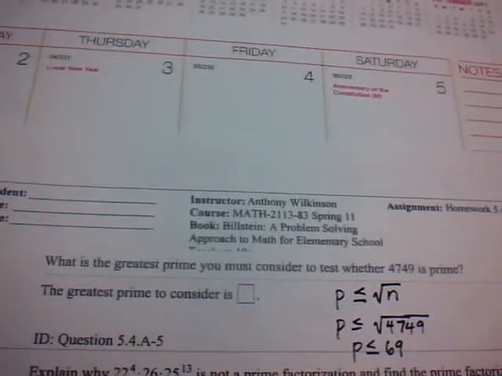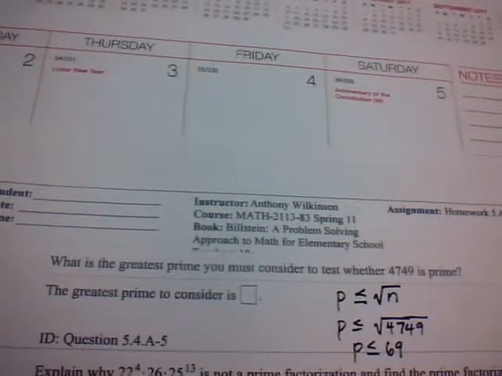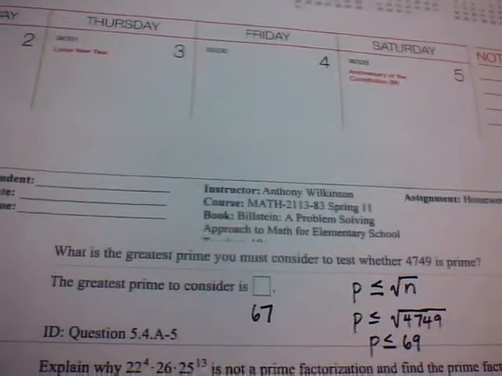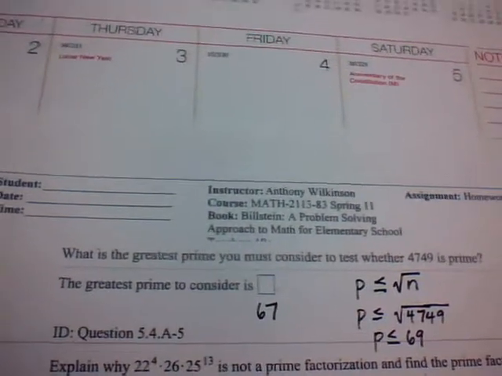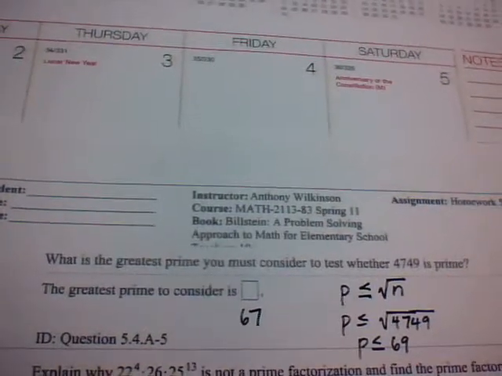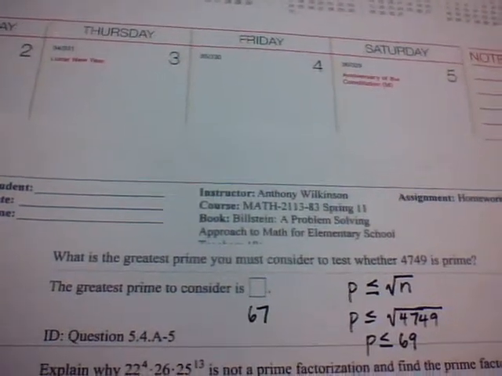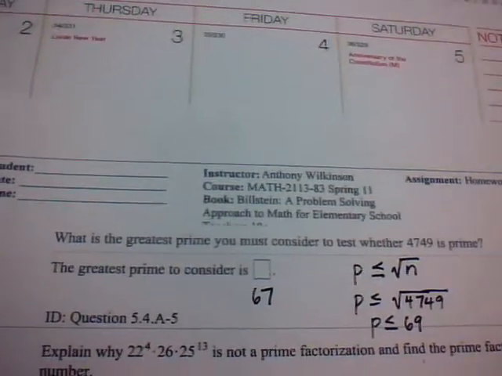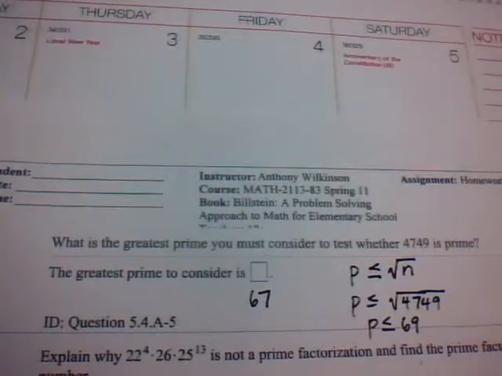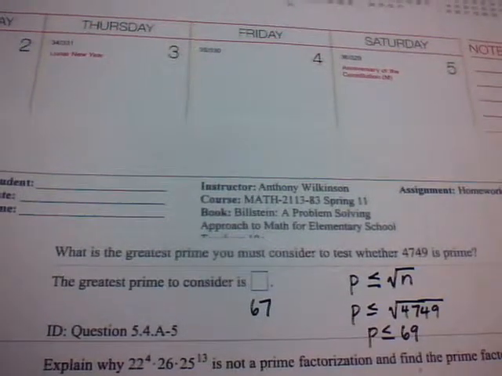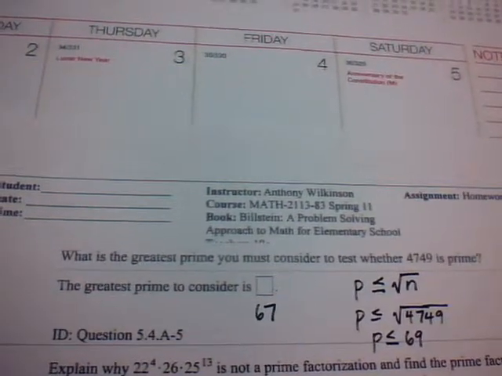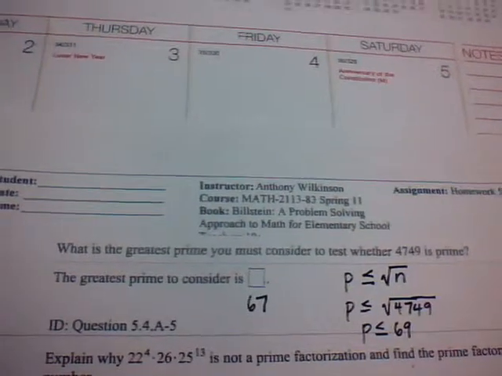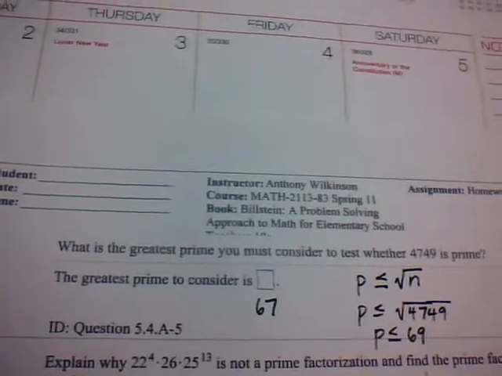The largest prime number that you have to consider that's less than 69 will have to be 67, because 67 is prime, and it's less than 69. So the greatest prime number that we can consider will have to be 67. It's just a matter of knowing what your prime numbers are. If you remember the Sieve of Eratosthenes presentation, you'll see that 67 is one of those prime numbers.